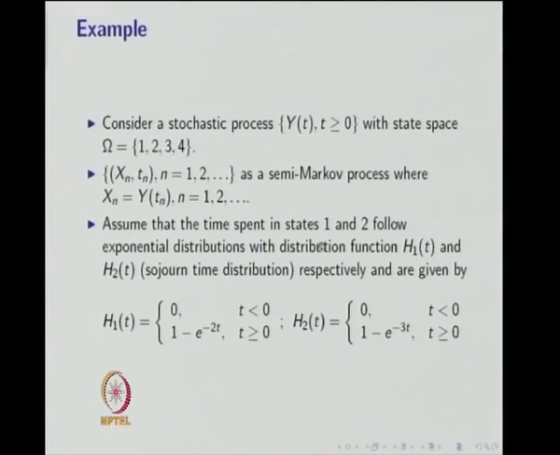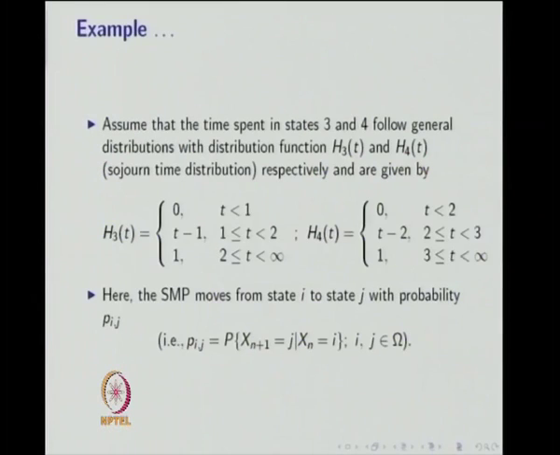Assume that the time spent in the states 1 and 2 follows exponential distributions with the CDFs H1 and H2, whereas the time spent in the states 3 and 4 follows uniform distributions with the CDFs H3 of t and H4 of t.